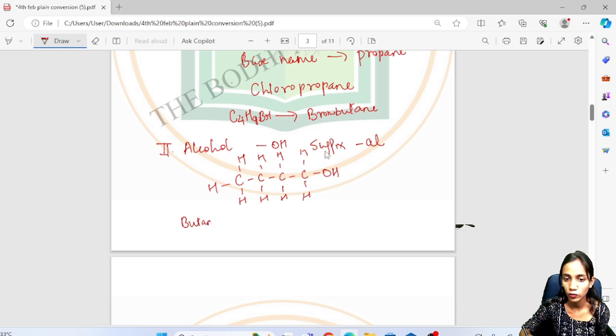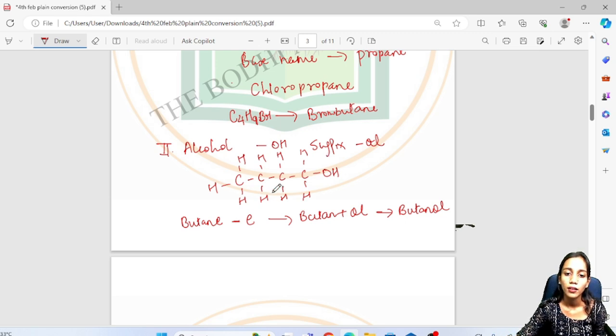So when you add a suffix, you have to write the name first and then remove the E. This will now be butan, and then you add this OL over here, and the name of the compound will be butanol. The name of the alcohol will be butanol.